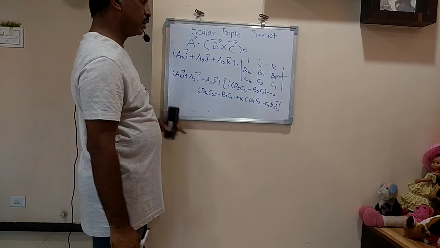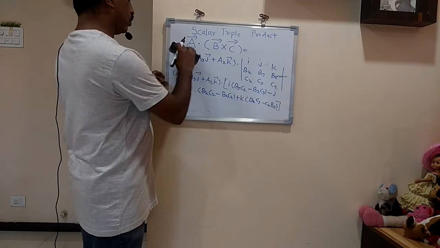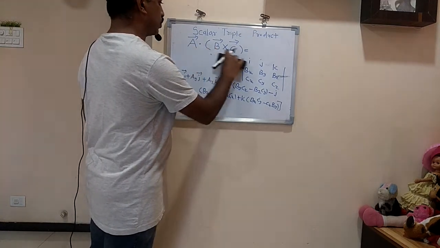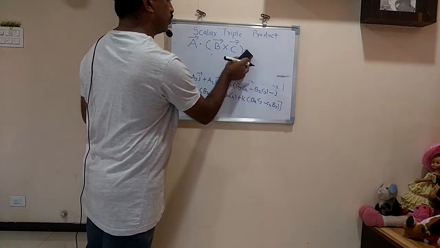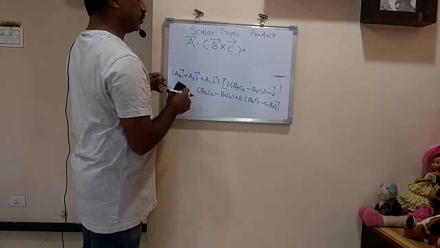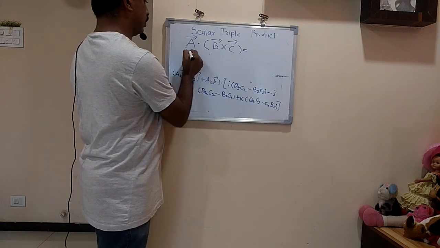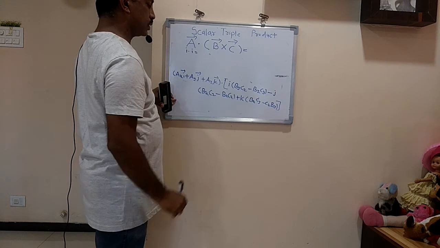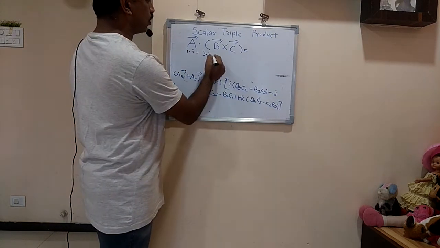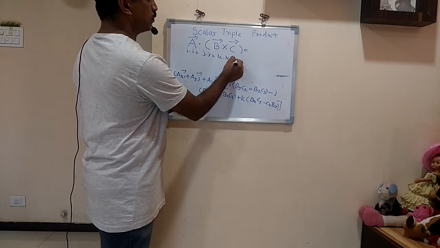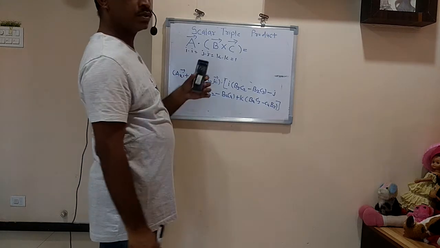Now we want to take the dot product. All of you know the property of the dot product: the dot product of a unit vector with itself is always 1. That means i dot i, j dot j, and k dot k are each equal to 1, and the dot product with the other unit vectors is 0.